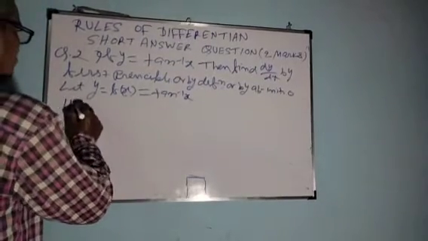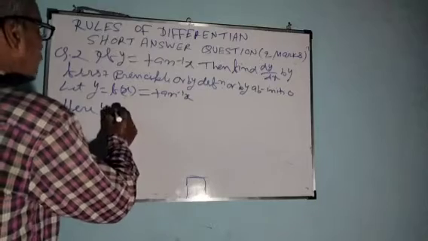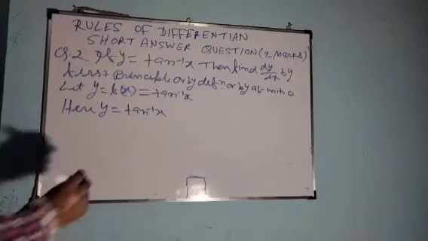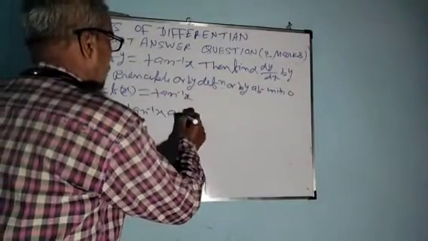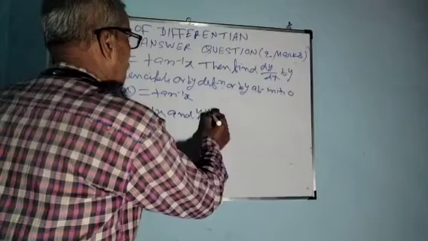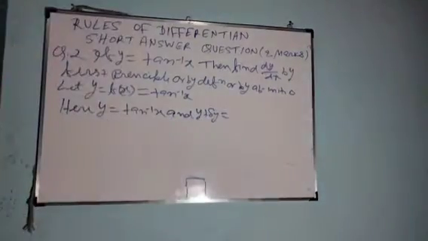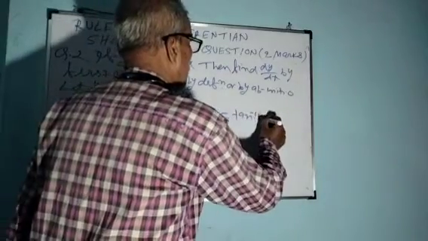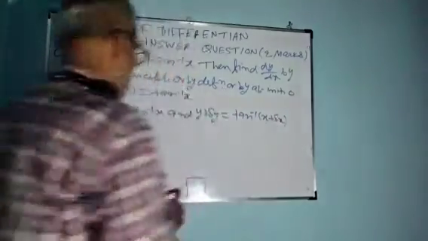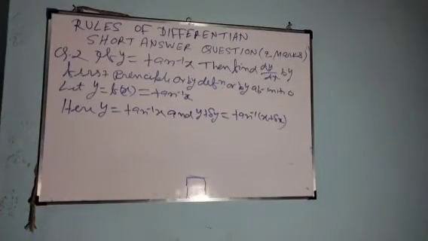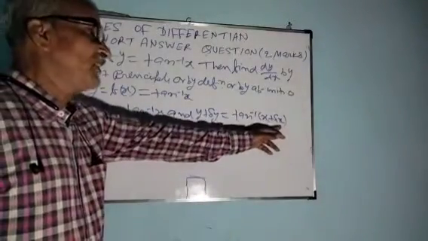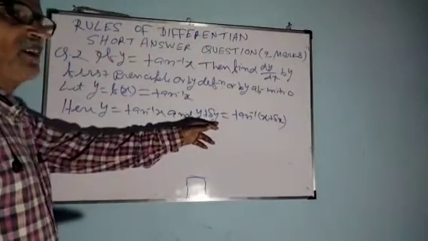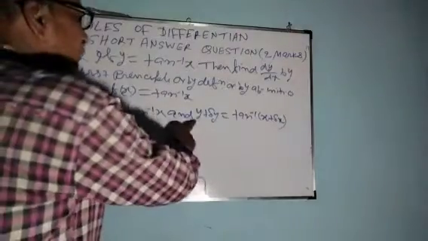Here y equal to tan inverse x and y plus delta y equal to tan inverse of x plus delta x. For change delta x in variable x, a corresponding change delta y takes place in the value of y.